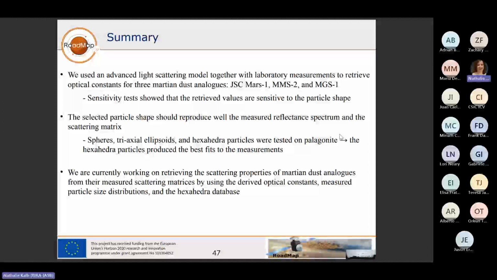So if you know the size distribution of your dust cloud and the refractive index, and you compute the single scattering albedo with Mie theory, the differences are not that strong. The problem is that if you are retrieving the refractive indices by using the Mie model, then the difference might be very, very strong. And there are many people studying aerosol particles in the Earth atmosphere, so all these sensitivity studies have been done for many years.